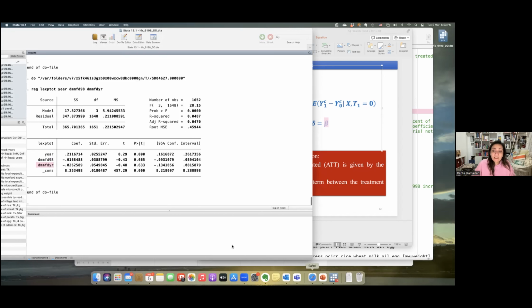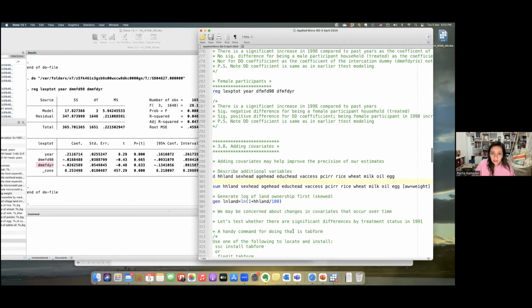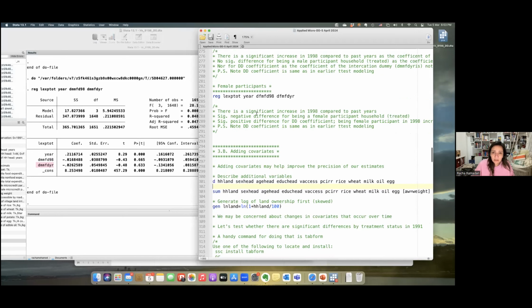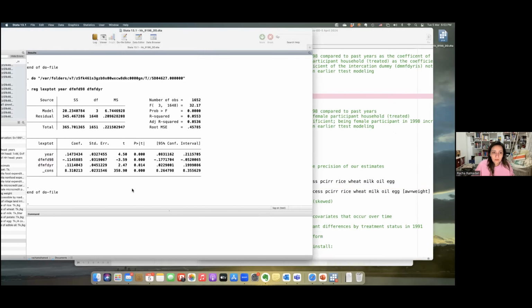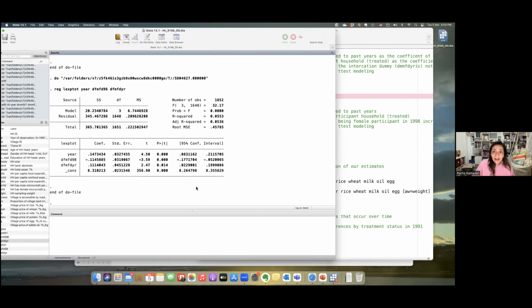Okay, let me run the example for women and see the results, because here it is different. Here we have significance of the year and significance of the treatment. So being in year 98 would increase the total expenditure per capita compared to the year 91. I don't know if the household is treated or not, but what I know is that being in 98, for sure, total expenditure per capita will be higher than in the reference year, which is 92.